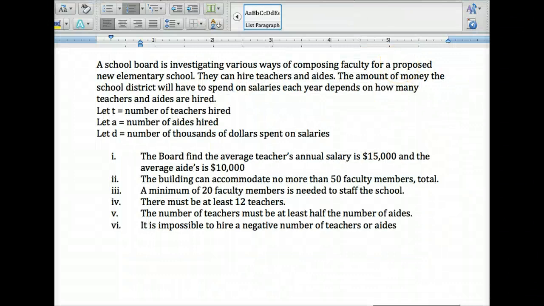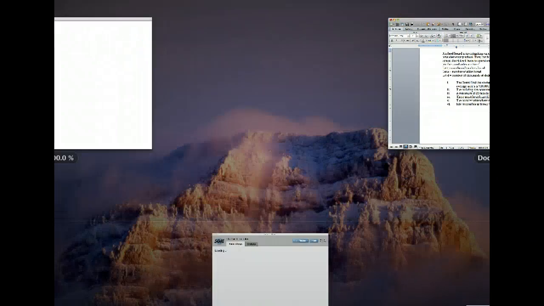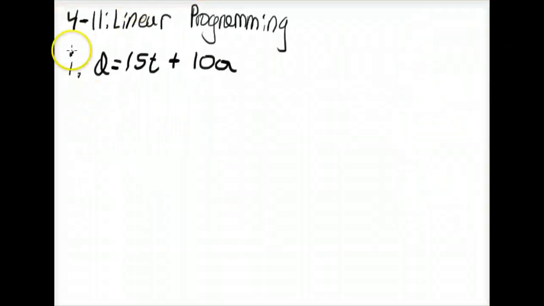The second restraint says that the building can accommodate no more than 50 faculty members total. So to write an inequality for that, the number of teachers plus the number of aides has to be less than or equal to 50.